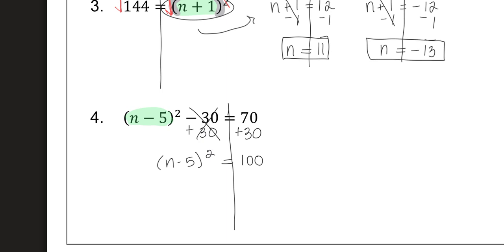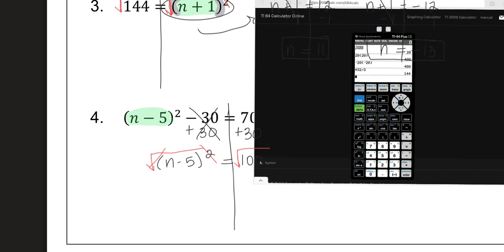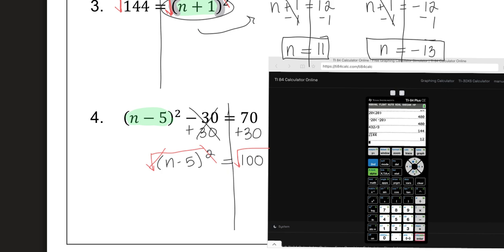Now that I have what's being squared by itself, we can square root to cancel that power of 2, and then we can square root the 100 as well. Bring my calculator back down here, and we can enter square root 100 equals 10.